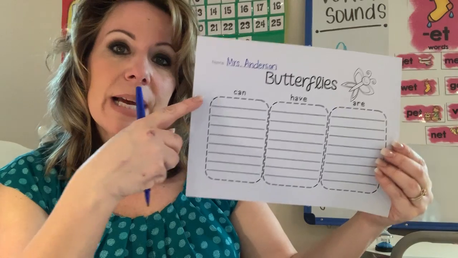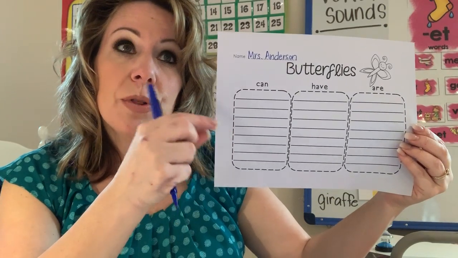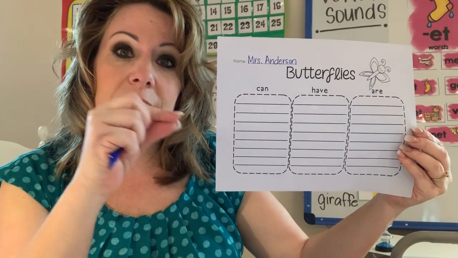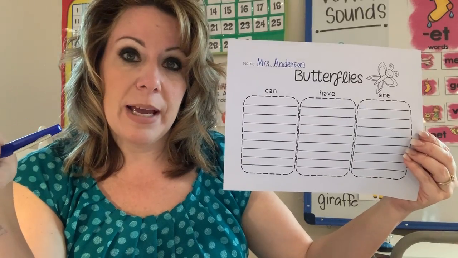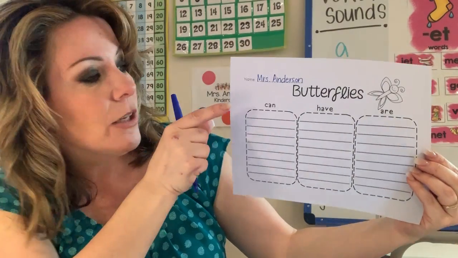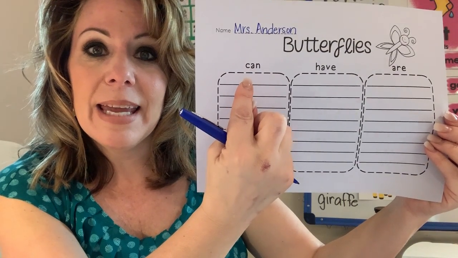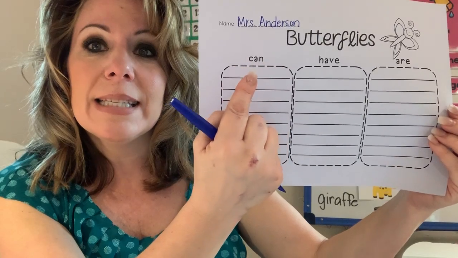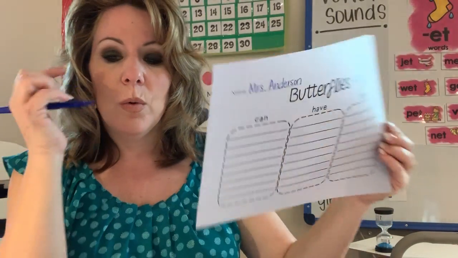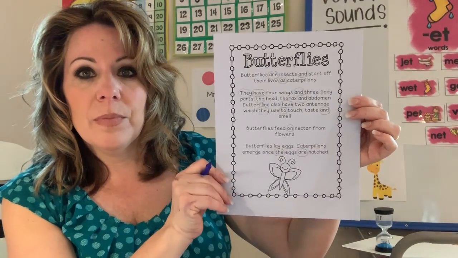It wants us to write down the characteristics, the traits, the things that describe the butterfly. Okay, so let's take a look at the first one. What's this word? This word is can. Can. Butterflies can what? And in order to answer that, we need to have this over here. Butterflies can what? What can they do?